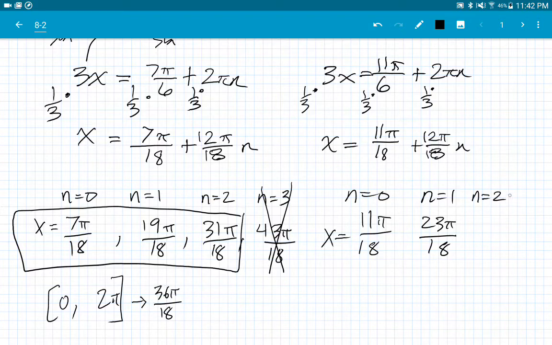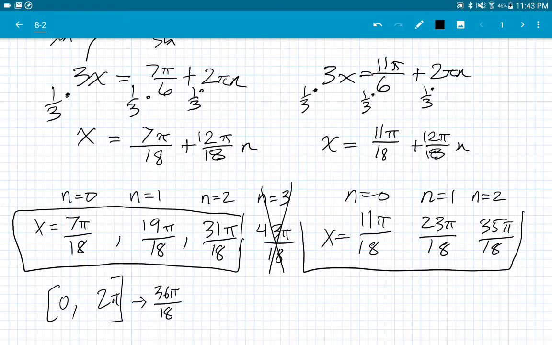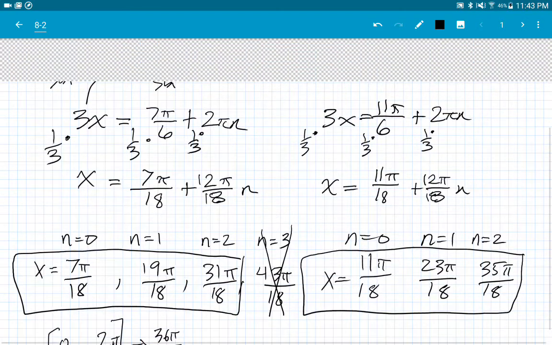So if n is 2, we get 24 pi over 18 plus 11 pi over 18. That will give us 35 pi over 18. And look at that, we just barely made it. So we know that we can stop there. Those are going to give us another 3 answers. Okay, so it looks like we have a total of 6 answers here.